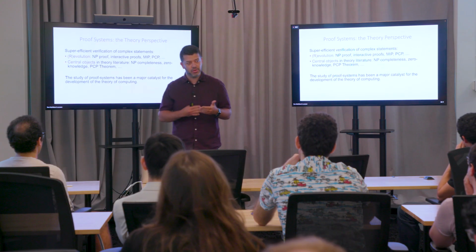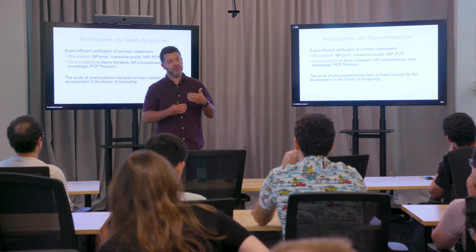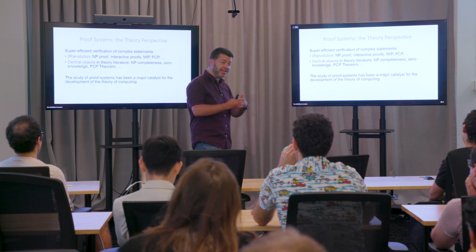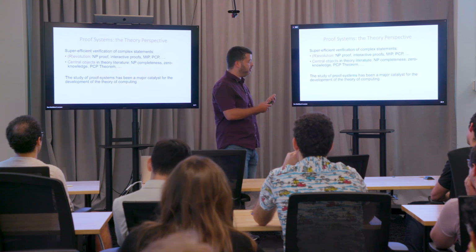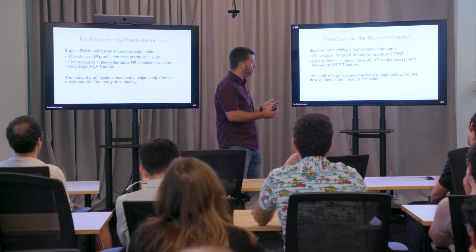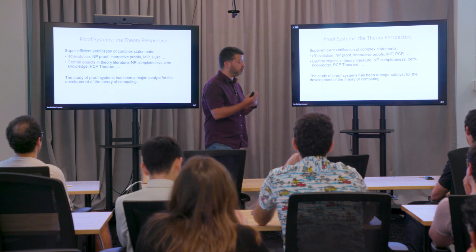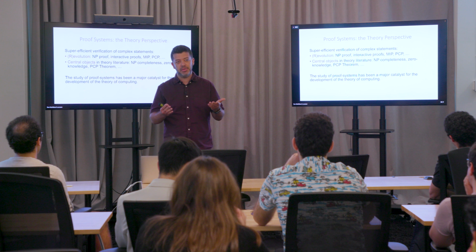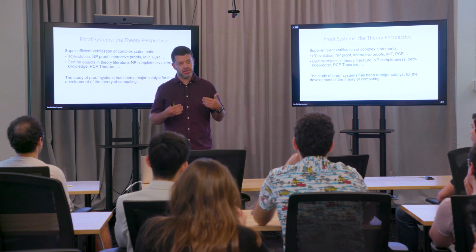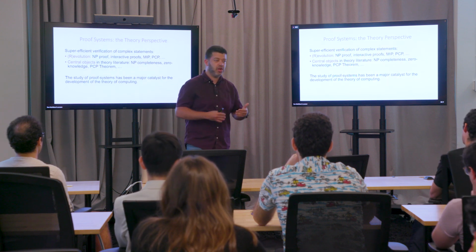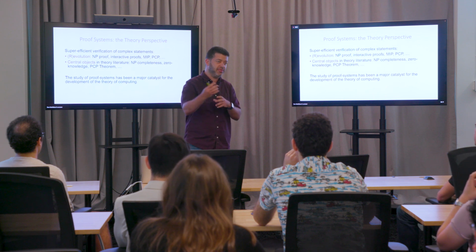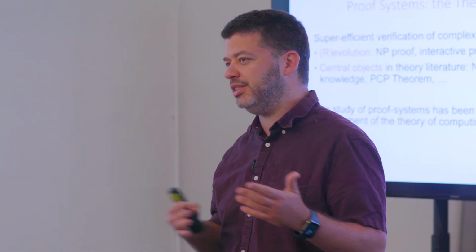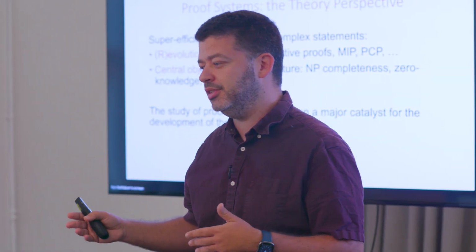As our field has evolved, we've looked at various different notions of proof systems, and we've had seminal results: on the one hand NP-completeness, zero knowledge proofs, and, for those who are familiar, the PCP theorem. A lot of the most fundamental results in the theory of computation, and entire subfields also, have evolved from looking at proof systems.